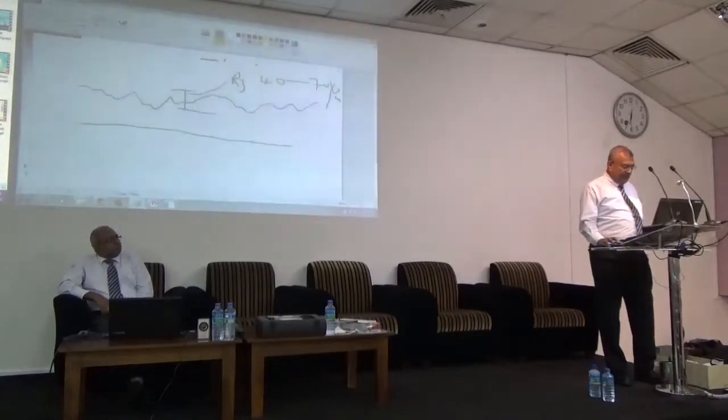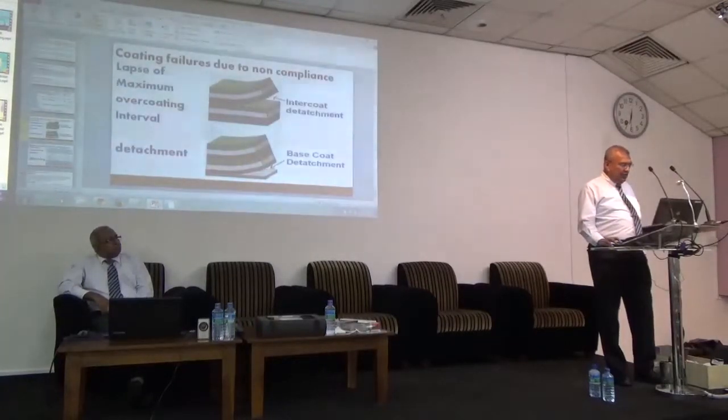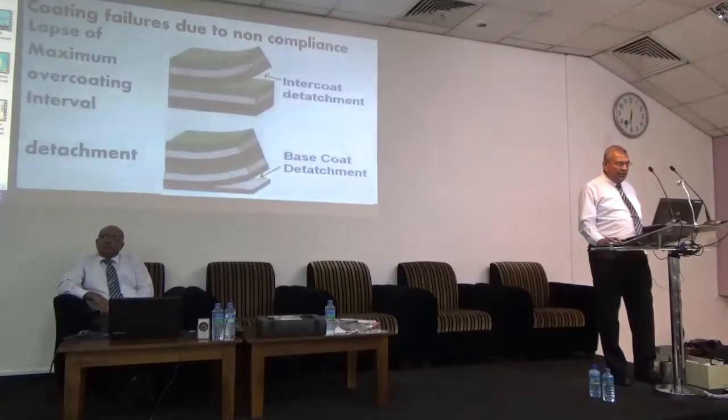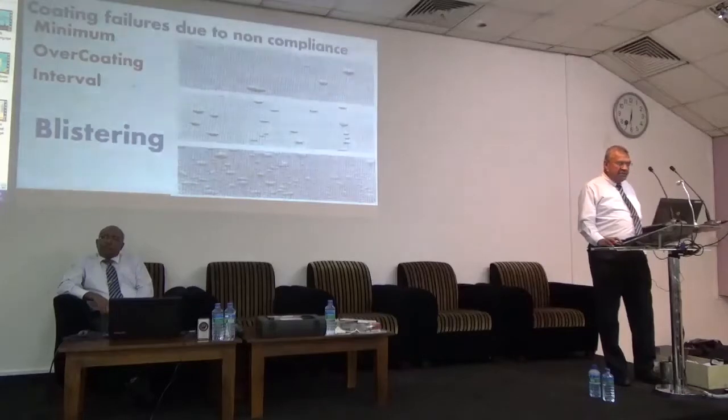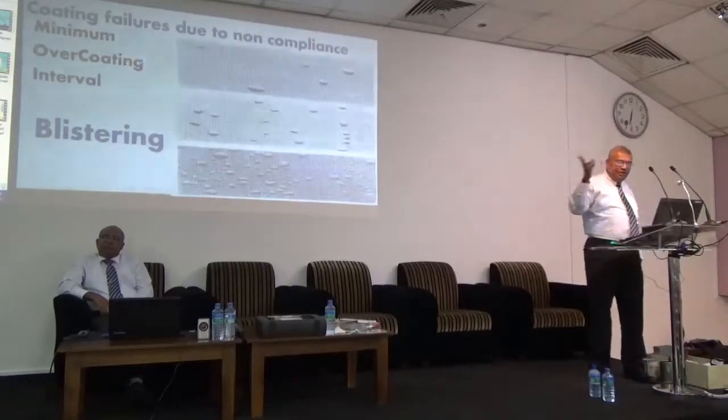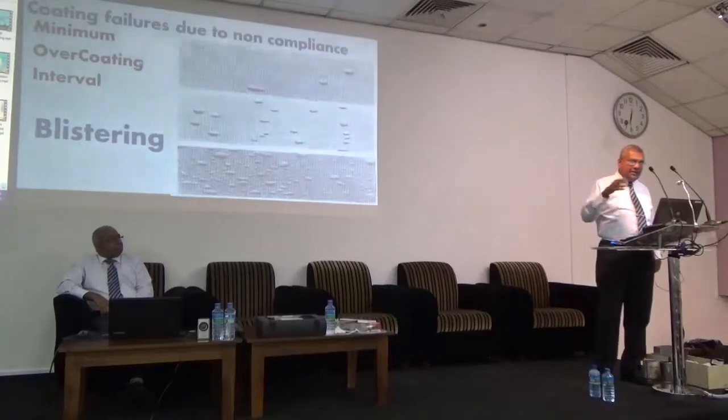Okay. So this is called the intercoat detachment and the base coat detachment. And this blistering, as we said, is due to the minimum interval not being adhered to. So, what are the 4 failures you see, especially in a shipyard?